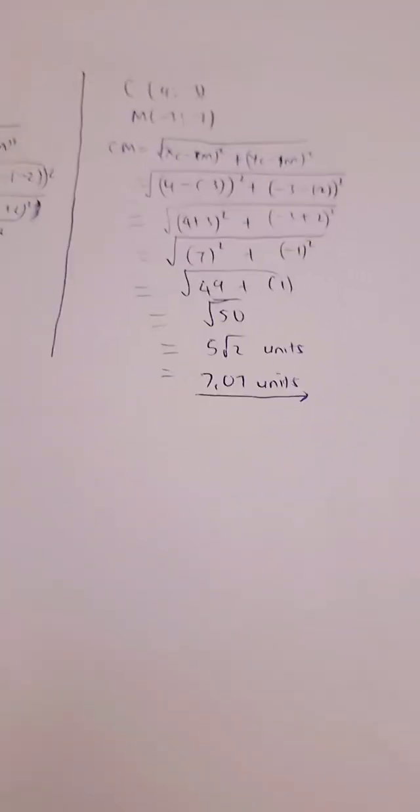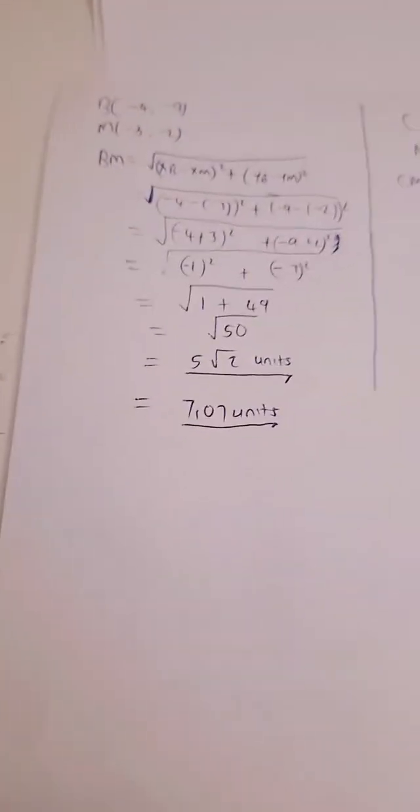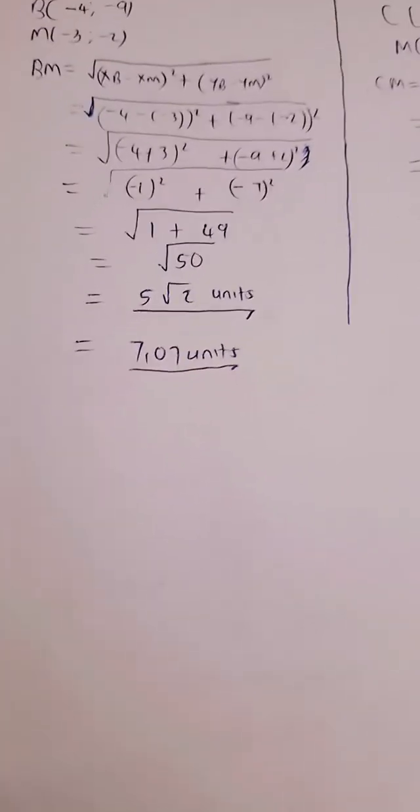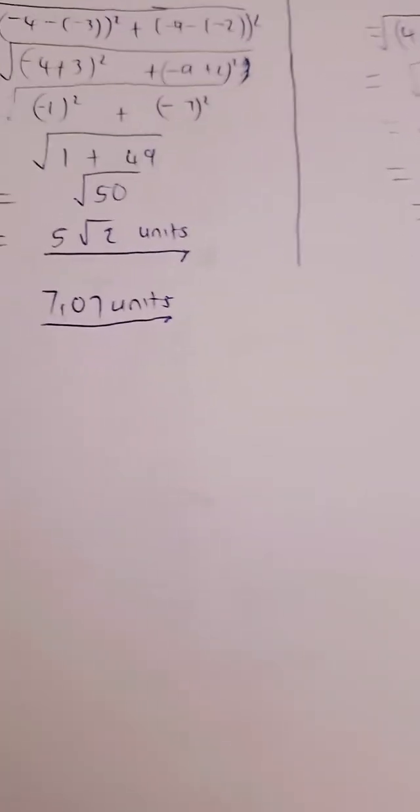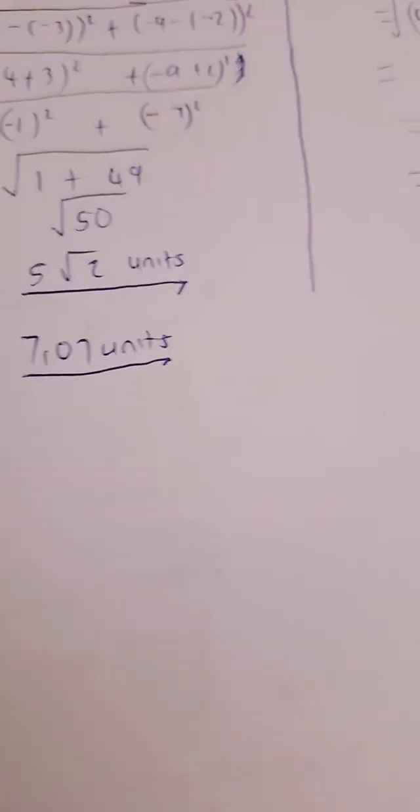So it is your prerogative to do so when it has not been stated. But if they say leave in surd form, then you would have left the answer here. But because they are silent about surd form, it is our responsibility to make sure we round off to the appropriate decimal place so that we do not find ourselves in trouble with anyone.